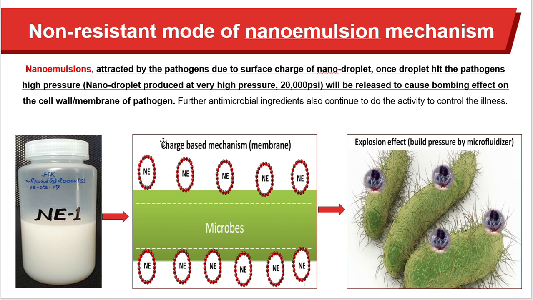This is a nanoemulsion, and this is a microorganism with a negatively charged cell wall. The nanoemulsion droplet is positively charged, because as I already told you, we add some positively charged ions for the preparation of nanoemulsion.